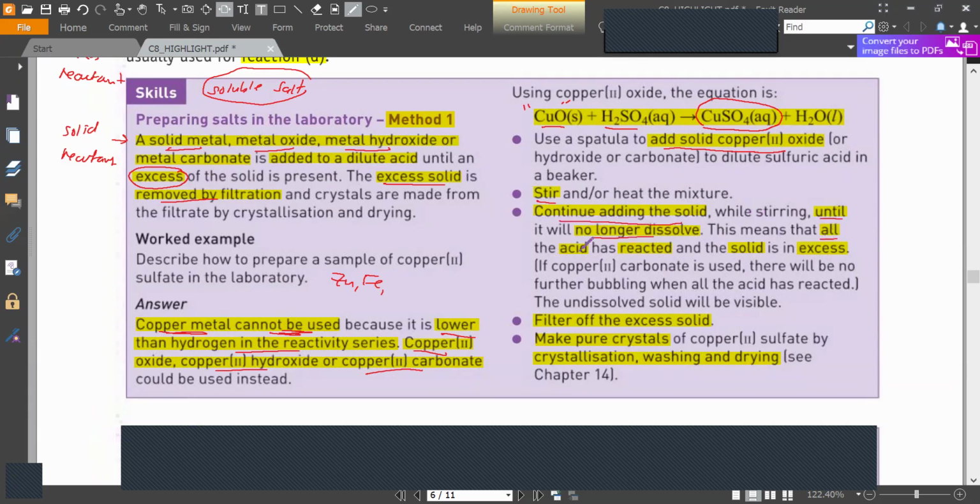It means that all the acid has reacted and the solid is in excess. Filter to collect the excess unreacted solid. Then we can crystallize the product, make pure crystals by crystallization, and then washing and drying.